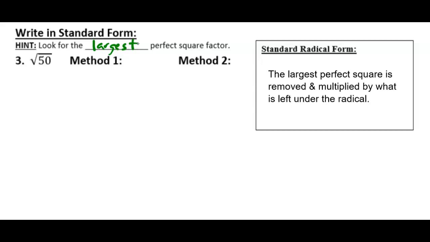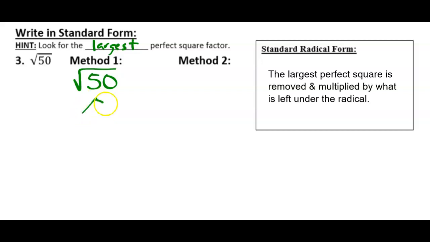So in method one, if I look at my perfect square chart from page 1, what is my largest perfect square that I can divide 50 by evenly? Well, it's 25.